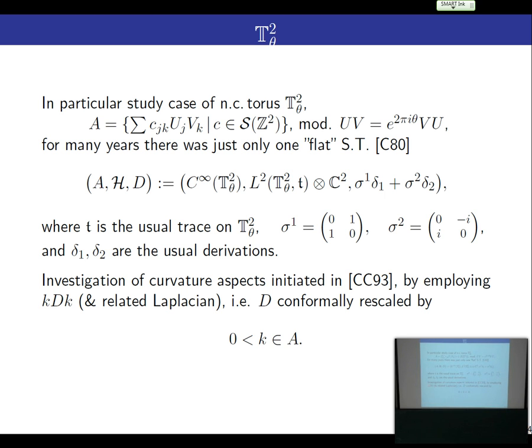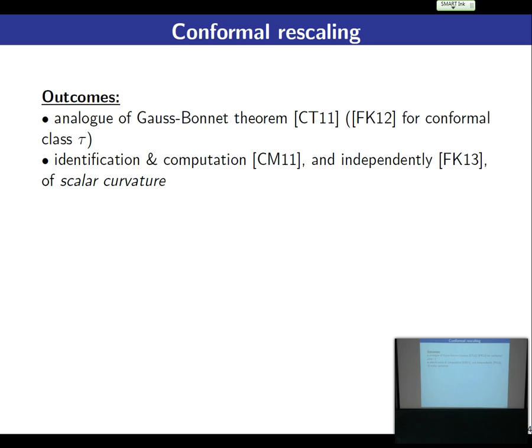Well, let me write it for simplicity like that, okay. So the dressed flat Dirac operator, with k a positive element, is called the conformally rescaled D, okay, and the related Laplacian.